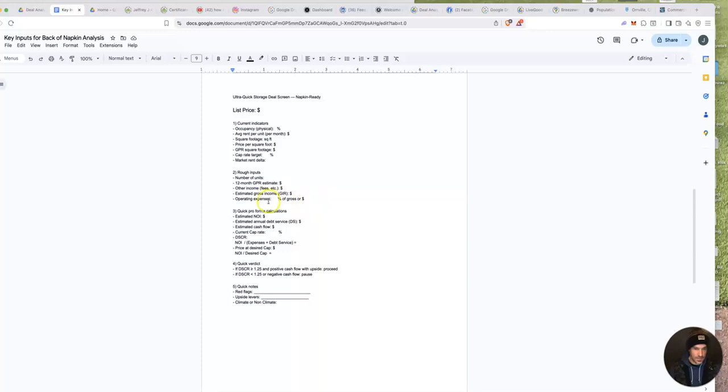Operating expenses, like I said, what I typically like to do, even if they're providing it to me, is plug in, say, 40% or 38%, just to be conservative. Essentially all we're trying to do is figure out, is the list price fair, or what price would you pay for the asset? Again, we're taking into consideration that this is a market that you want to play in, right?